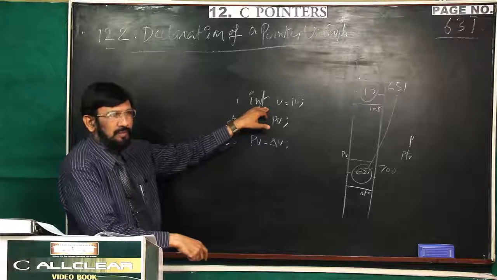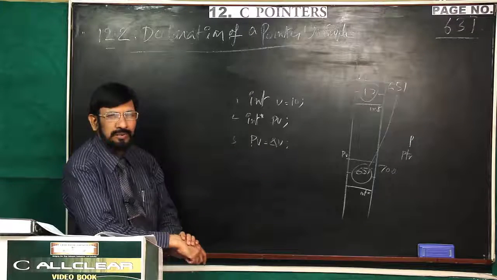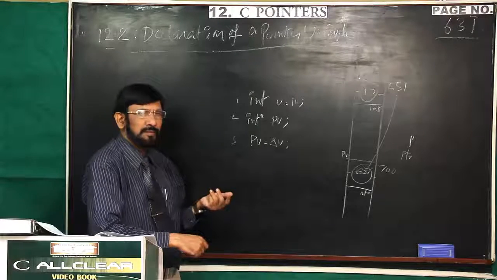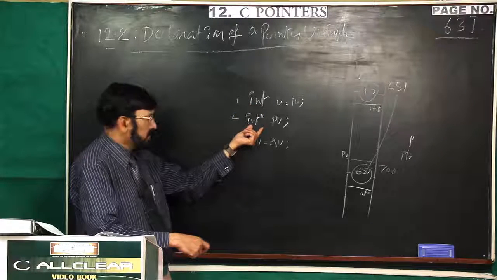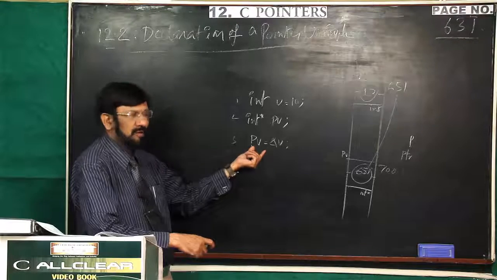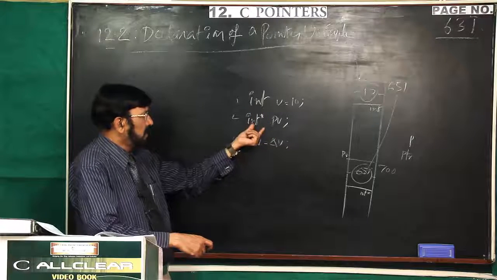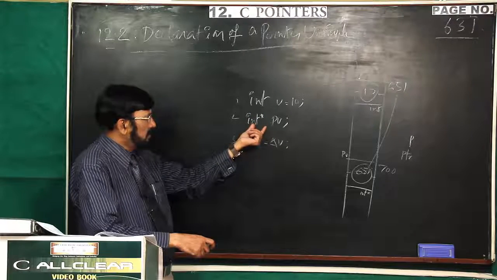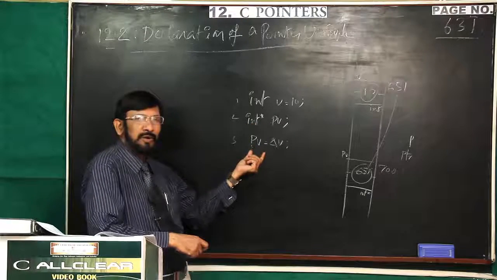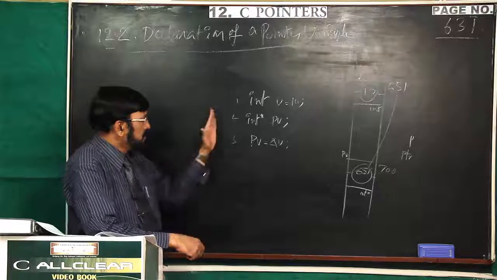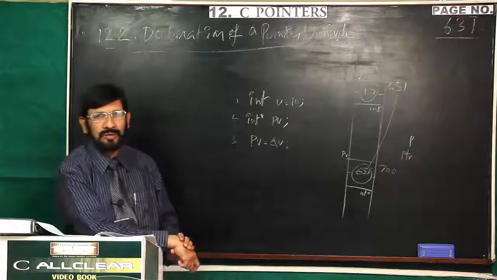Declaring an ordinary variable, declaring a pointer variable of that same type, and initializing the pointer variable. Suppose tomorrow you have to deal with an array: declaring the array, declaring a pointer of that type, and initialization of the pointer. If you deal with a function: declaring or defining the function, declaring a pointer variable of that type, and initializing the pointer variable. In this way, remember and implement these three steps always whenever you are using pointer variables.